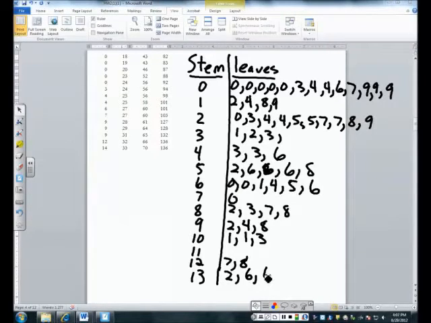Just looking at this, it looks like there are quite a few people at the lower end, and then kind of maybe a little bit of a skew going to, if you turn this over and looked at it as a histogram, this would be skewed to the right. In fact, one way of looking at the stem and leaf display is to make bars just like you would have on a histogram.